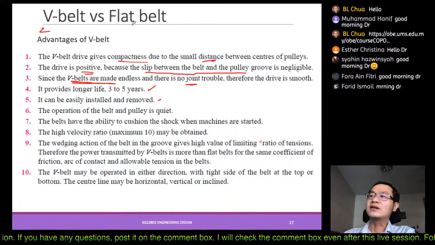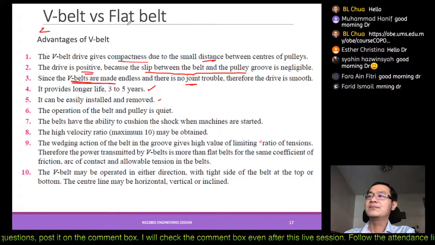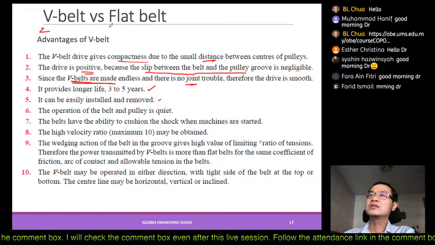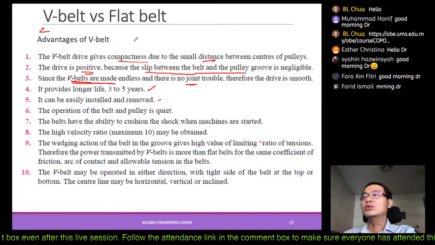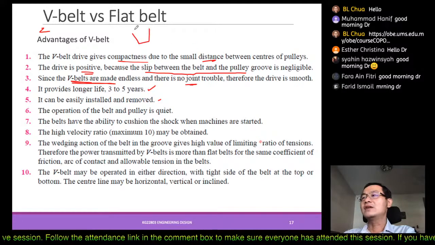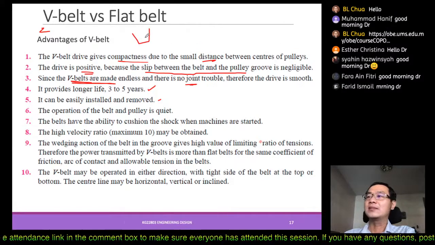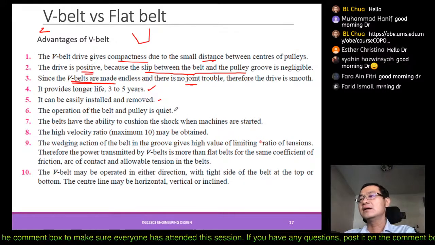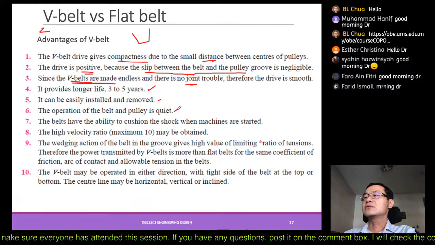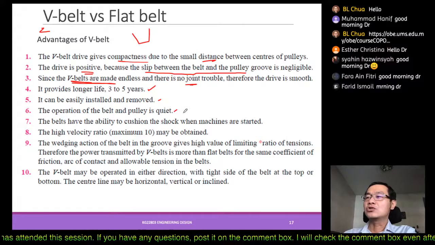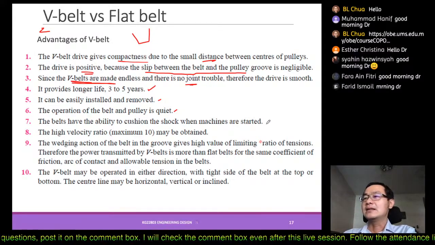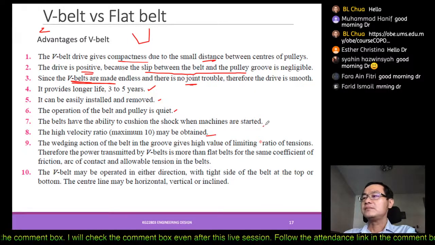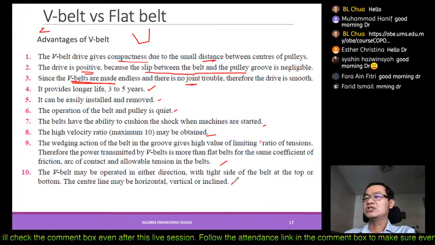You don't have another problem like the belt getting loosened and falling off the pulley itself because of the construction where you have a deep groove to maintain the position. The belt and pulley is also quite quiet, and so on. So these are the other advantages.